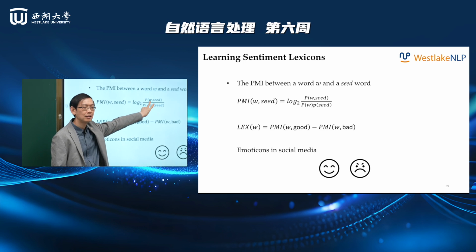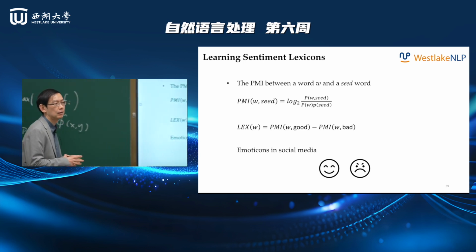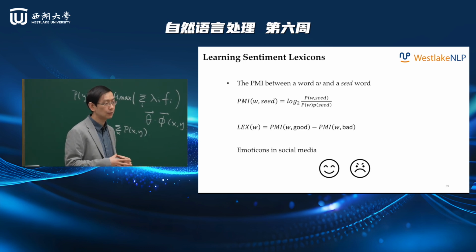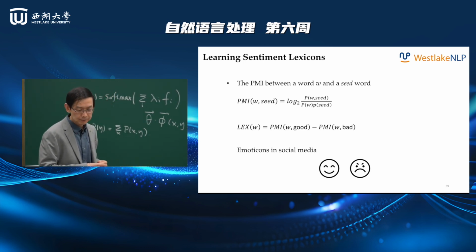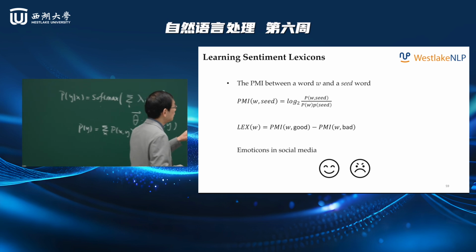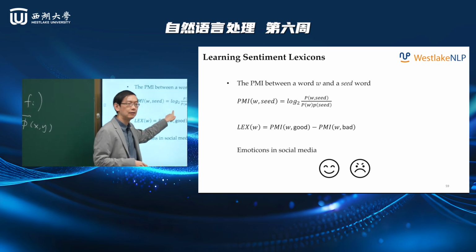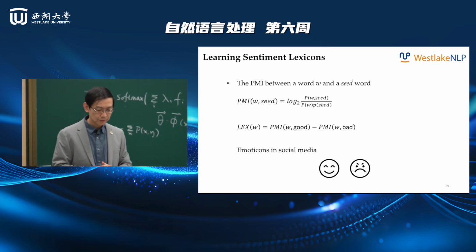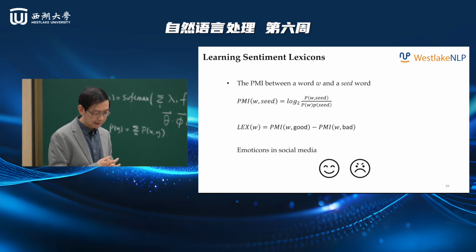So if two words co-occur together in a tweet, then the probability of the joint event is high. How do I calculate the probability of the joint event? By calculating relative frequencies, then dividing it by the probability of every word. So this is the PMI between a word and a seed.